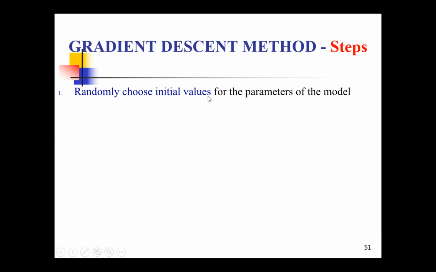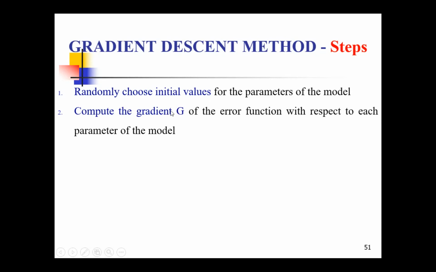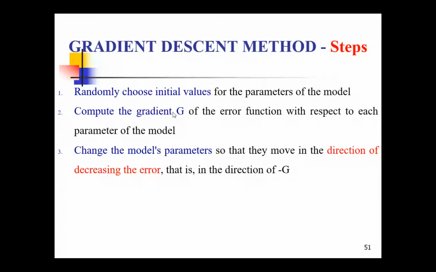So: randomly choose initial values, that is weightages, compute the slope, change the model parameters, and move in the direction of the global minimum cost, that is, reducing the error percentage.